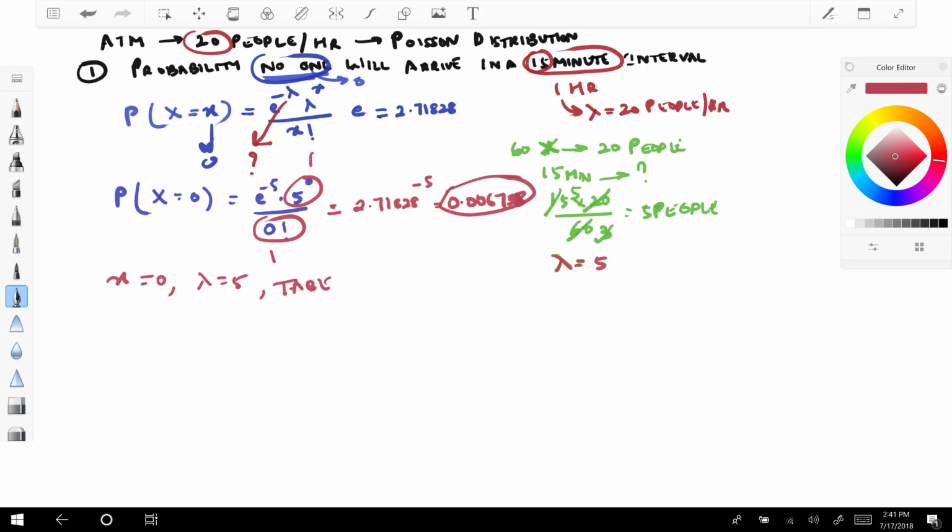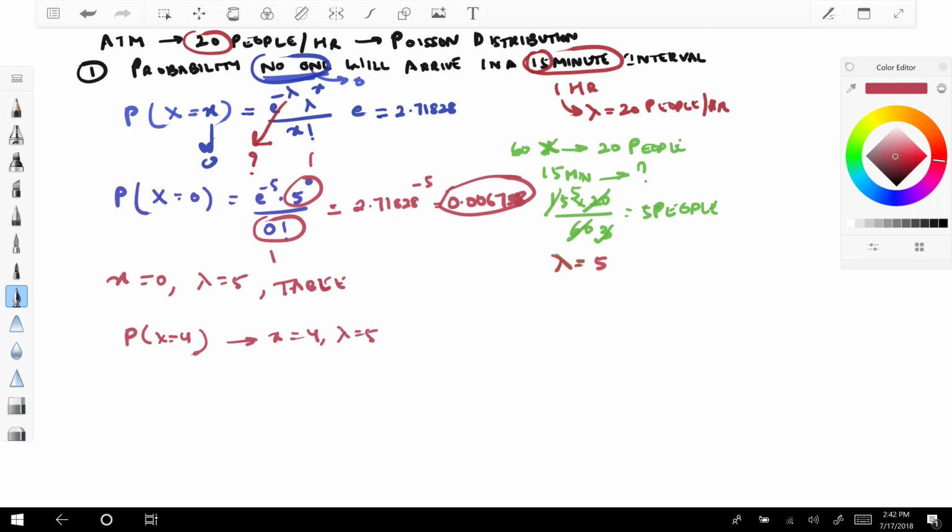Now if someone asks you what would be the probability that 4 customers will arrive, that means P of X equal to 4. So we will directly use the table. We have x equal to 4, lambda equal to 5.